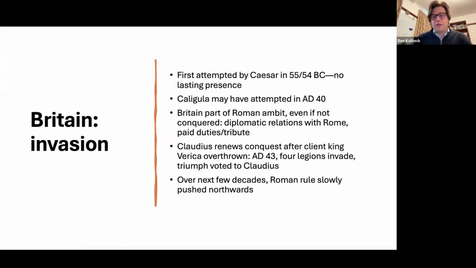So we should start off maybe, as I said, I'm going to be talking about this body of material from Roman Britain. I'm just going to do a very quick whistle-stop tour of the early history of the province of Britain. Some of you might know some of this already. The first Roman general to attempt anything militarily on the island was Julius Caesar, who, as part of his Gallic campaigns, made a couple of attempts at landing in the Kent area.